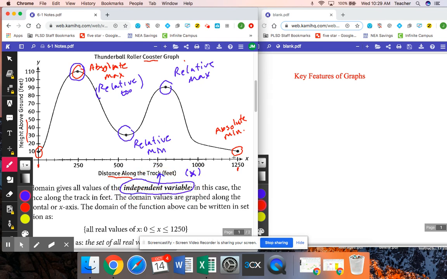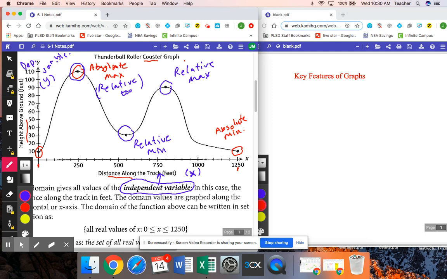The domain gives us the independent variable. The range over here, the thing that is the output, gives us the dependent variable. So the independent variable is x, the dependent variable is y, because the output depends on the input.